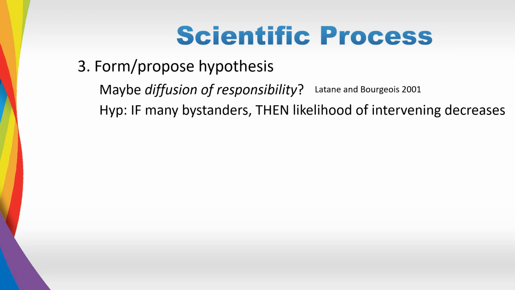So this is a theory known as diffusion of responsibility. It means that with so many bystanders around, people think that, okay, somebody else is going to take care of it, so it's not really my responsibility. So it diffuses the responsibility of the individual because they think somebody else is going to take care of it. So if that's why we think nobody helped, we need to test that somehow.